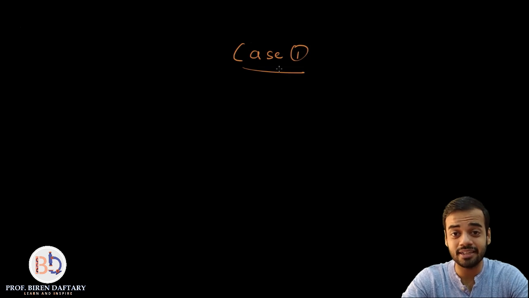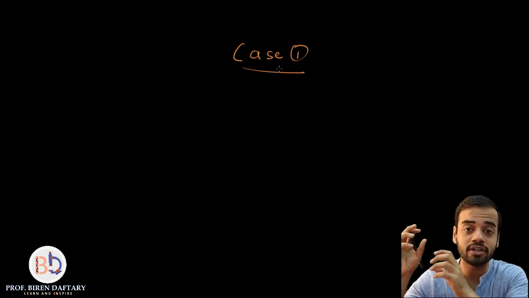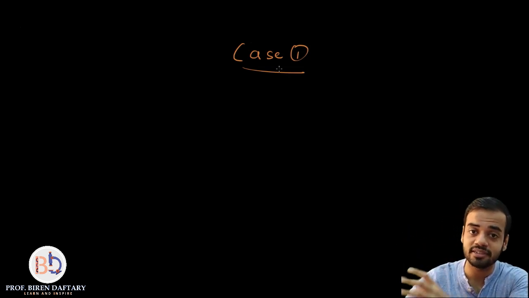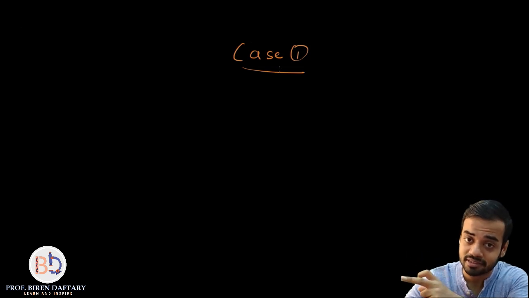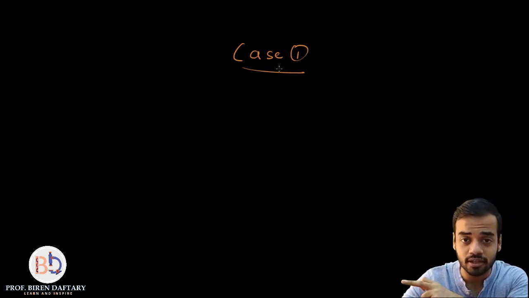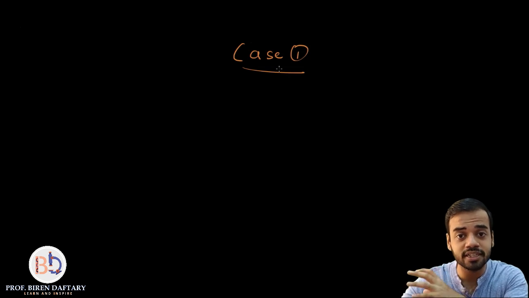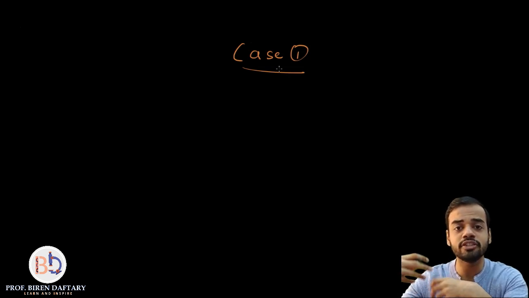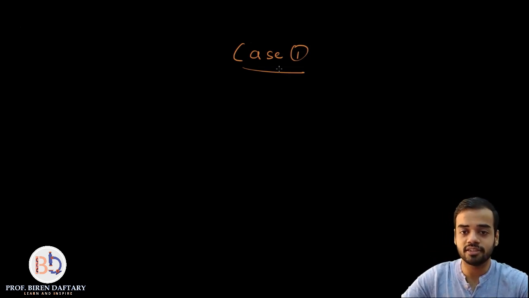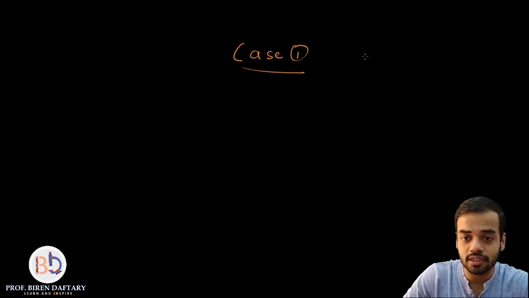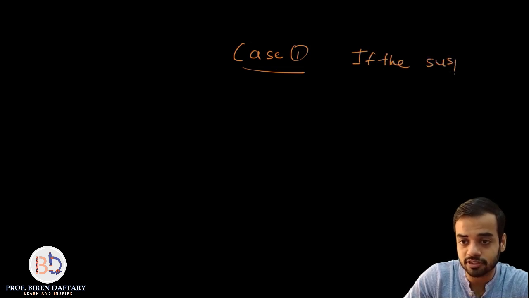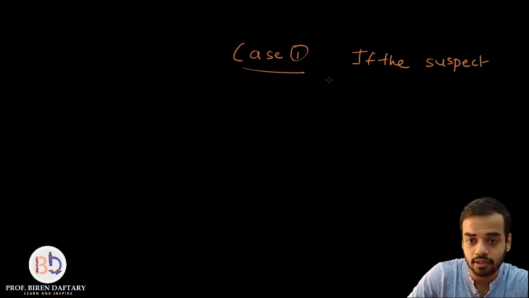Now in that case, suppose I already know that this person is the suspect out of the 7, that person has committed the crime, but I just want to cross check. So I already know the VNTR of that person, then I know which probe I should create. Are you getting me? For example, in case 1, suppose the suspect is already known.